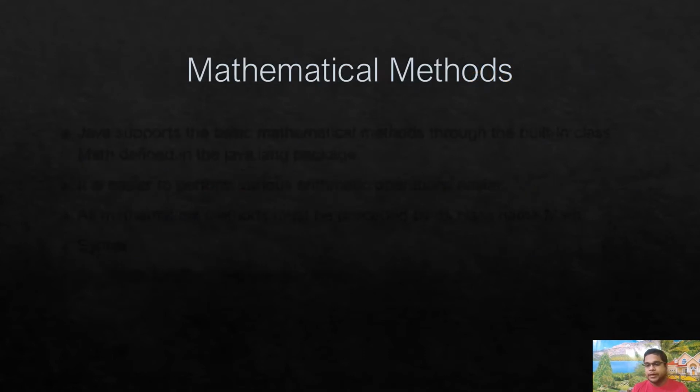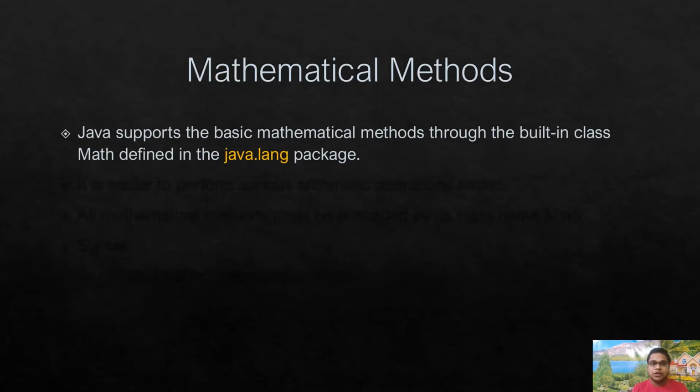So what are mathematical methods, and how to use them? Java supports the basic mathematical methods through the built-in class Math. Math is a built-in class defined in the java.lang package, which means inside the java.lang package there is a class called Math.